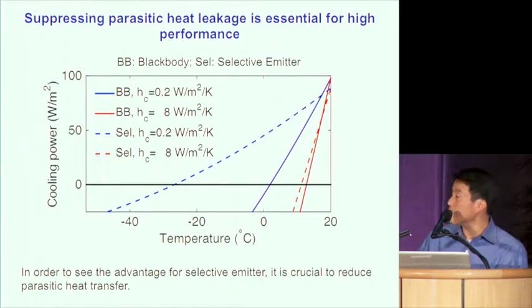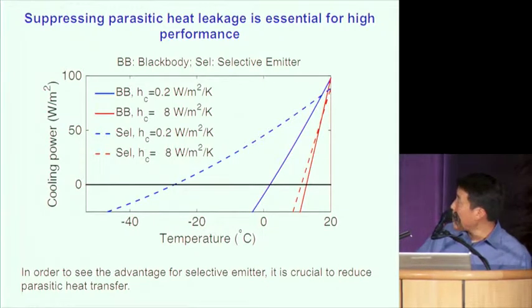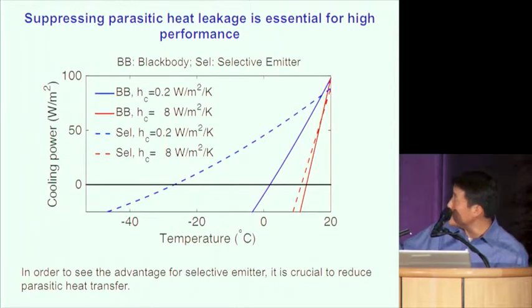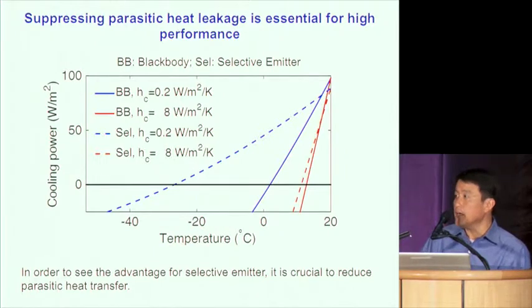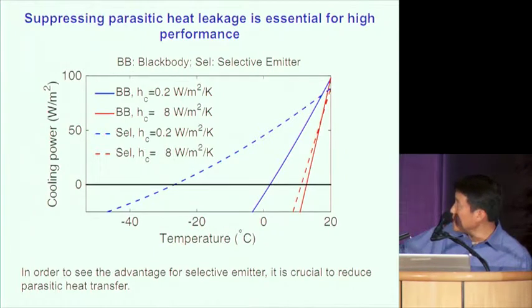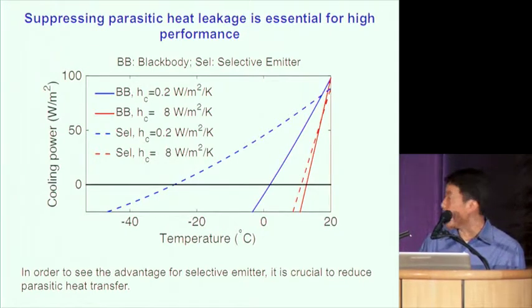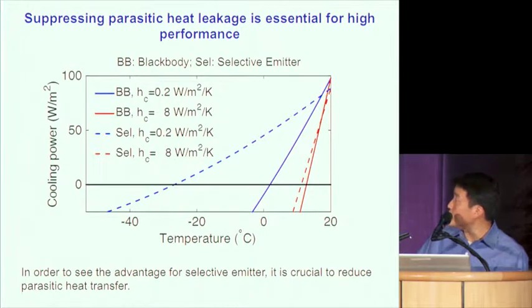And here is a comparison of the blackbody emitter, shown as the solid line, and the selective emitter, shown as the dashed line, for different parasitic heat leakage. At a typical parasitic leakage parameter, 8 watts per meter squared per Kelvin, which is what many conventional apparatus have, the temperature reduction difference between the blackbody emitter and the selective emitter is actually very, very small.